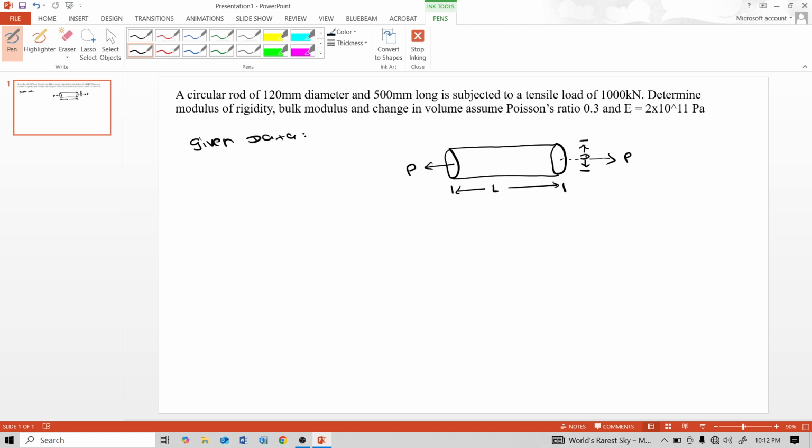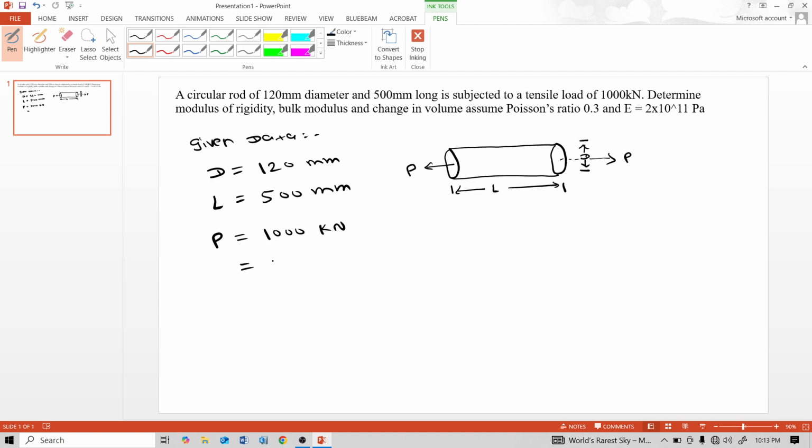Given data: diameter of rod D is equal to 120 mm, length of that rod is 500 mm, subjected to a tensile load P equal to 1000 kilonewton.